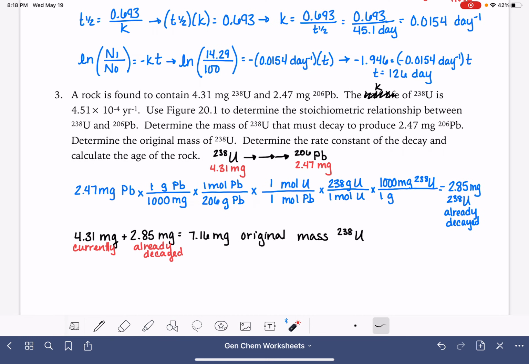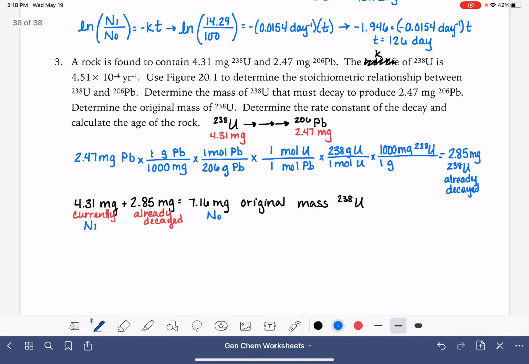So to calculate the age of the rock, we're going to be using this equation right here. We're using this equation in terms of uranium because we're trying to figure out all of this. So we have the K value for uranium. Our current amount, N sub 1, our current amount of the uranium is right here. And our original amount of uranium is right there.